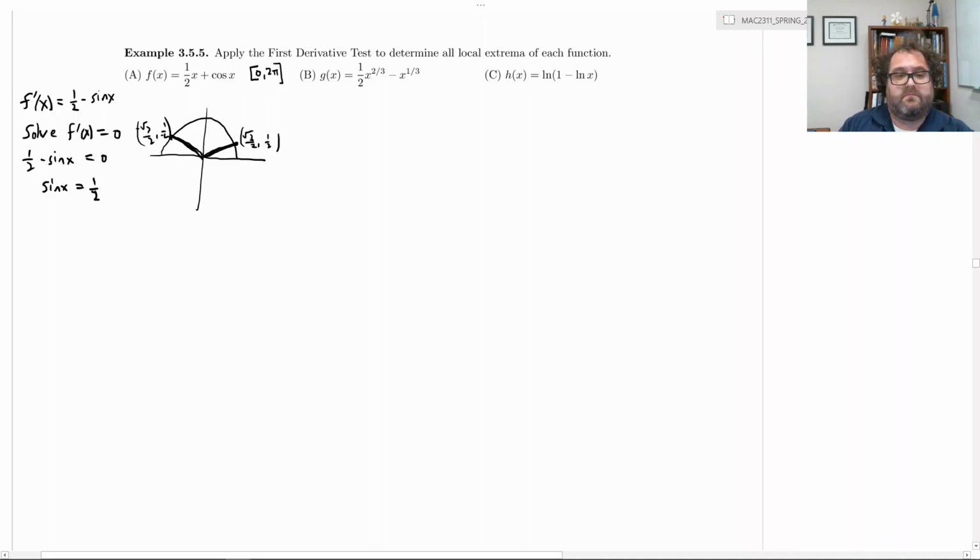Okay, so what are those angles? Well, the first angle is pi over 6. The second angle is pi minus pi over 6, because the straight angle is pi, right? And then minus pi over 6. So what's pi minus pi over 6? This is how I like to think about the unit circle.